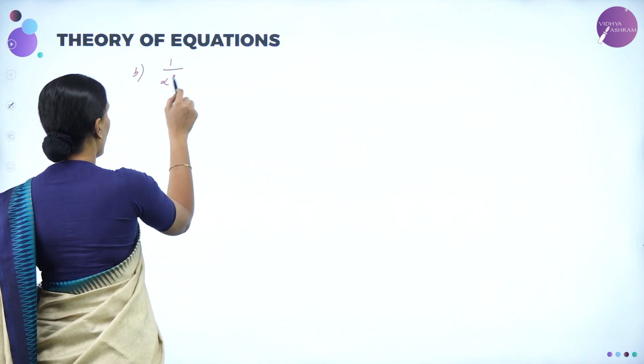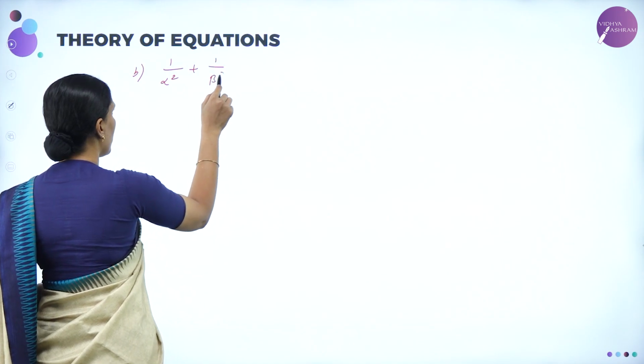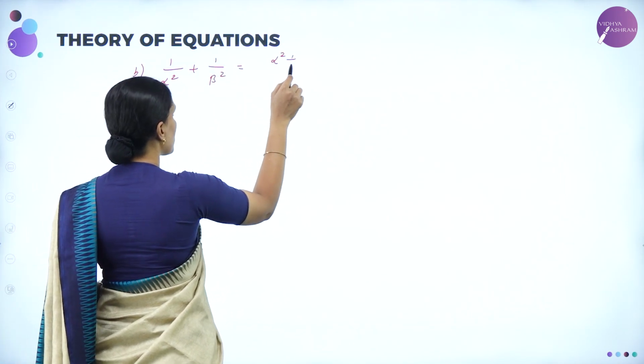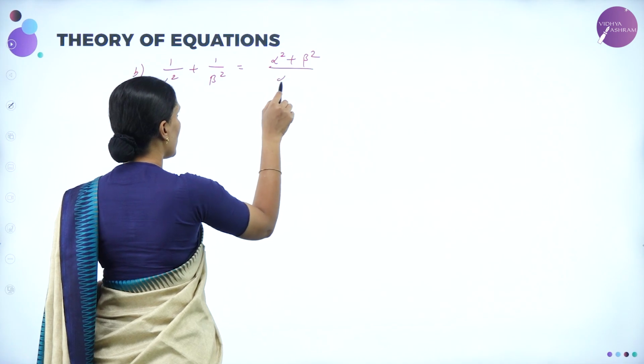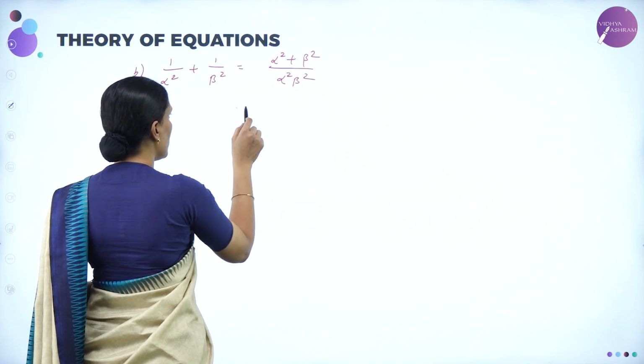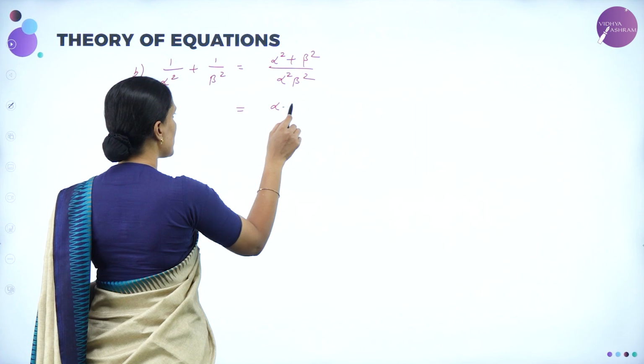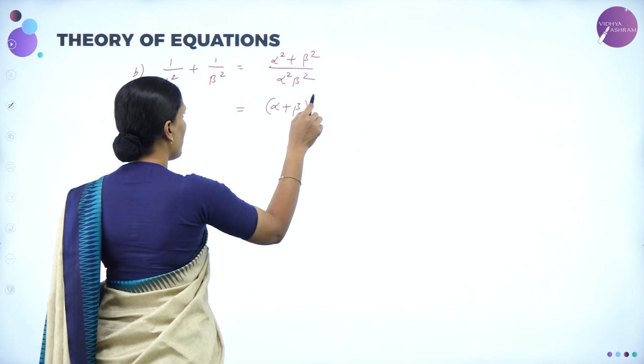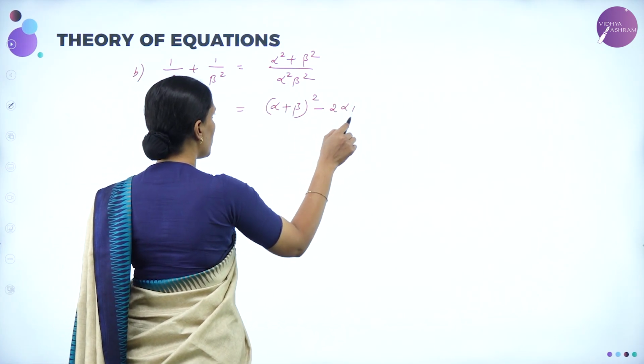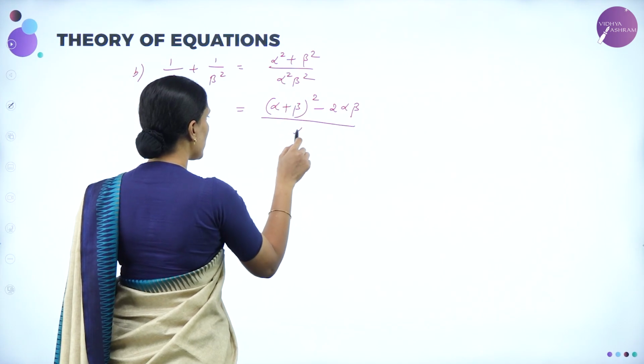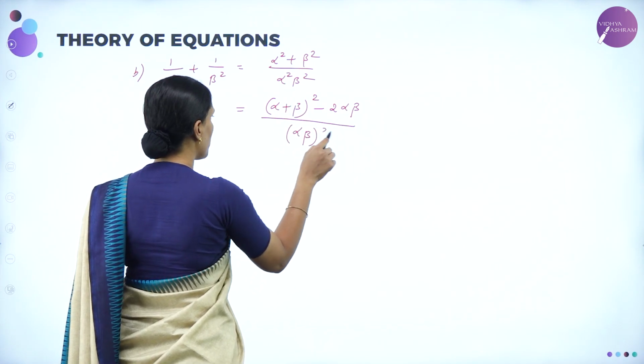1 by alpha square plus 1 by beta square can be written as alpha square plus beta square by alpha square beta square. So using algebraic identities, this can be written as alpha plus beta whole square minus 2 alpha beta, and denominator can be written as alpha beta whole square.